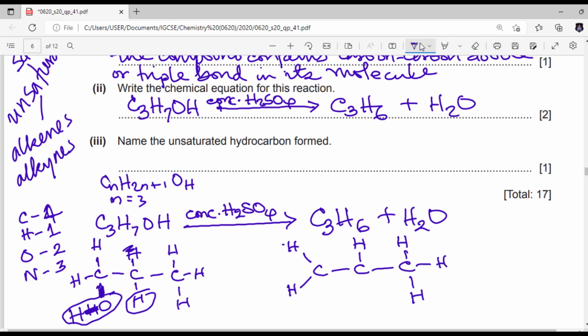Remember, the OH that was attached here has been removed, and the hydrogen that was attached here has also been removed. So the electrons used in forming these other bonds will now combine together to form the double bond, right?